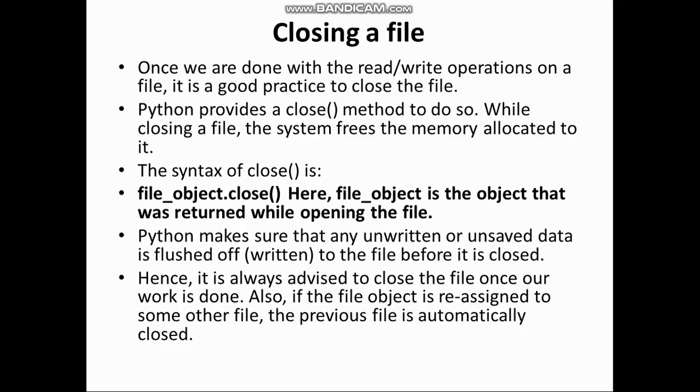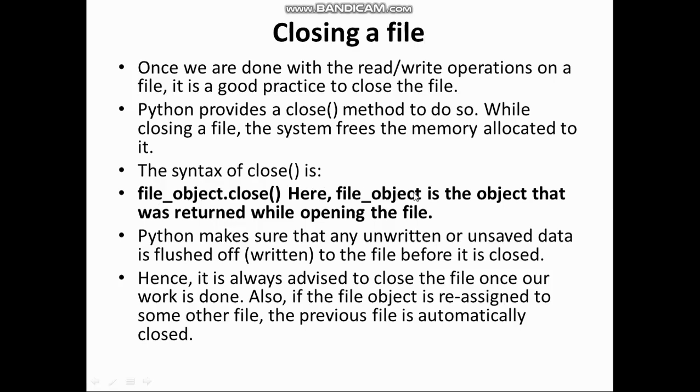Closing a file. Once we are done with read-write operations on a file, it is always a good practice to close the file. Python provides a close method to do so. Let us look at the syntax of the close function. File object dot close.